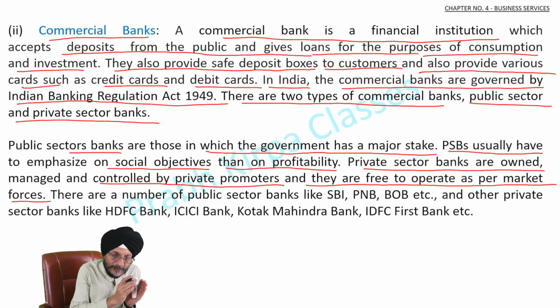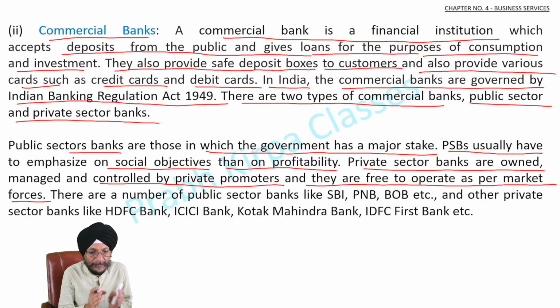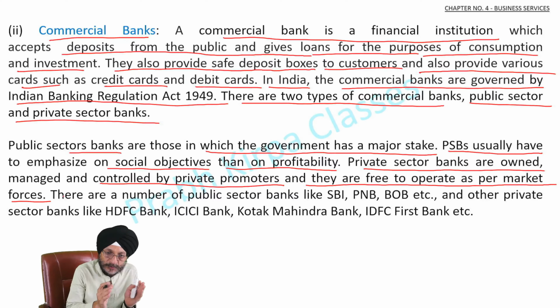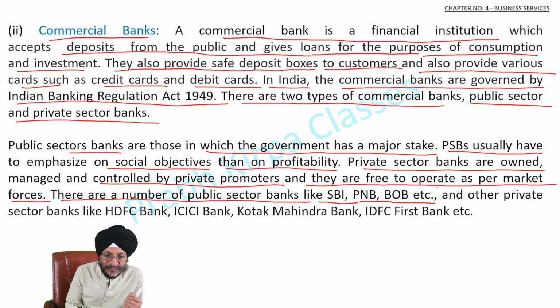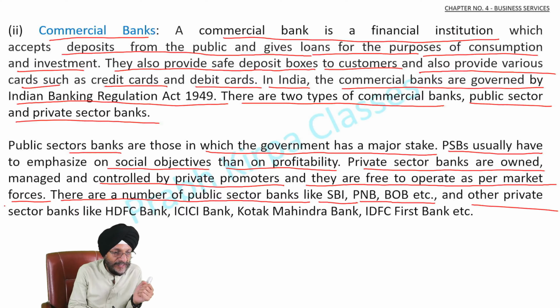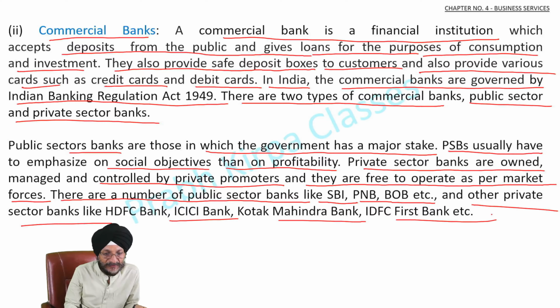However, both private and public banks are regulated by the Reserve Bank of India. There are a number of public sector banks like State Bank of India, Punjab National Bank, Bank of Baroda, etc. The examples of private banks in India are HDFC Bank, ICICI Bank, Kotak Mahindra Bank, IDFC First Bank, etc.